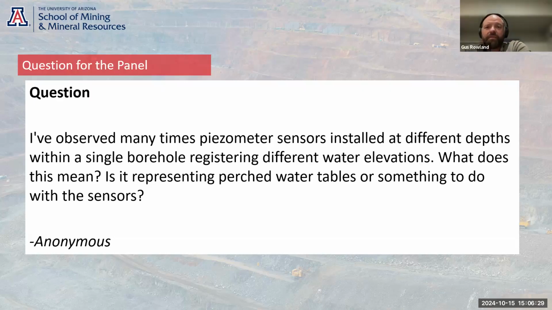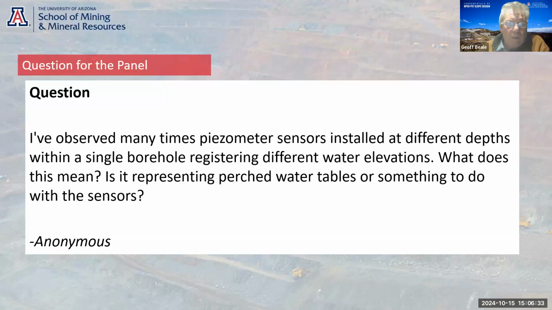Yeah, Paul, you hit the nail on the head. Sorry, Jeff. Well, I was going to say all mine sites have strong vertical gradients and mostly downward vertical gradients. In fact, a lot of mine sites have larger vertical head gradients than lateral head gradients, which is why it's often preferable to use cross sections so you can look at the vertical gradients rather than maps where you can't.